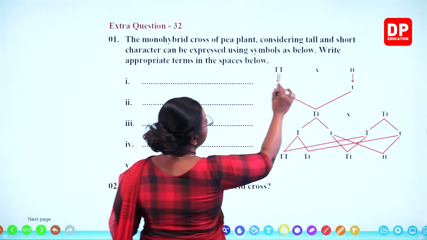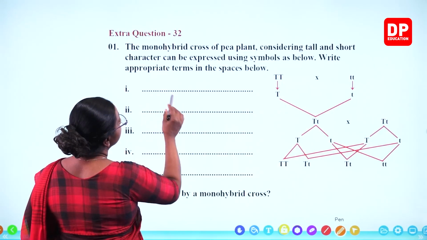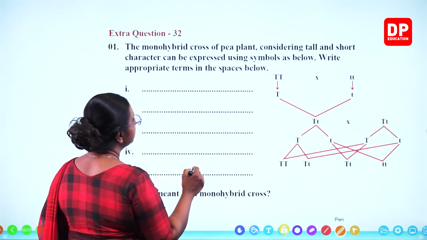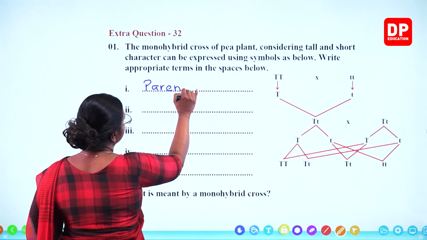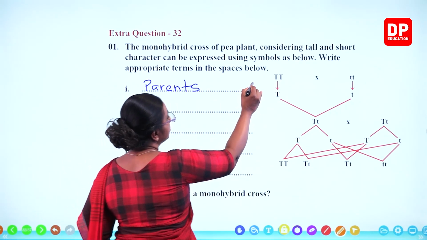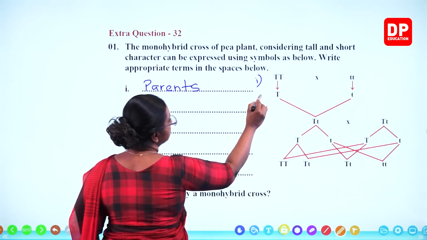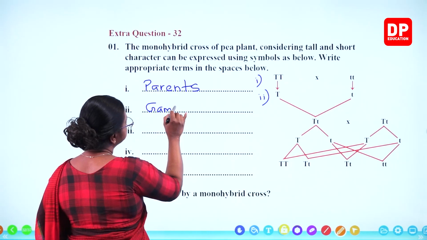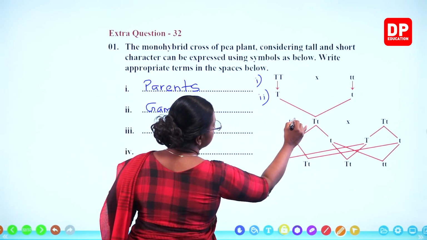So here, what is this? The parent generation. So we are supposed to write appropriate terms in the spaces below. Parents. Parents is going to be 1. Then what is 2? This is going to be 2. We have the gametes. And here, this is 3.